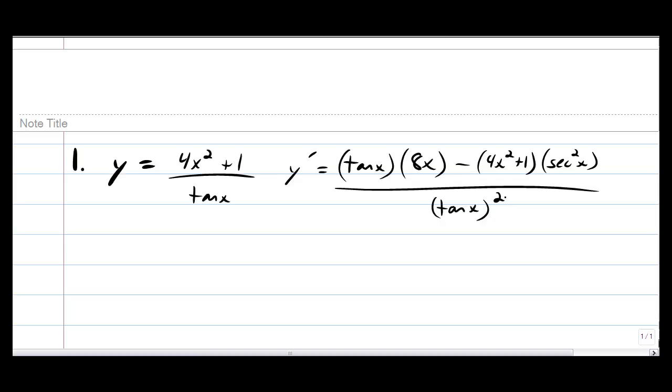Okay, that's fine. I'm not going to worry about simplifying it right now, but just so you see how the rule is applied. Next problem.